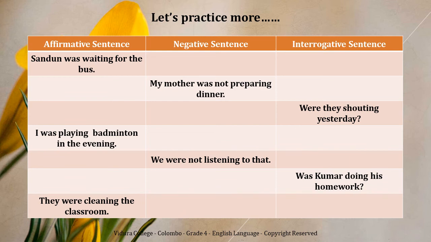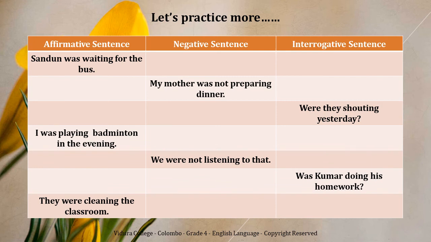Second one. There I have given you the negative sentence. You have to write the affirmative sentence and the interrogative sentence. Negative sentence. My mother was not preparing dinner. What is the affirmative sentence? My mother was preparing dinner. Interrogative sentence.